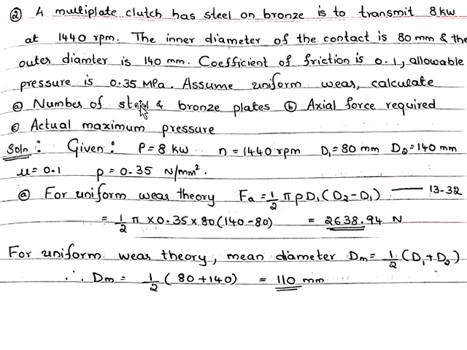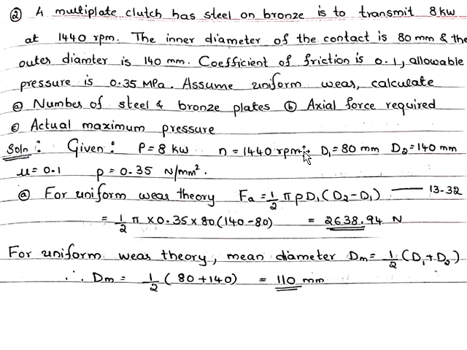Assume uniform wear condition. So first calculate mean diameter using the uniform wear condition. The equation is half of D1 plus D2. Both D1 and D2 are given. So find out mean diameter. After calculating mean diameter, use the FA equation to find out the pressure value.